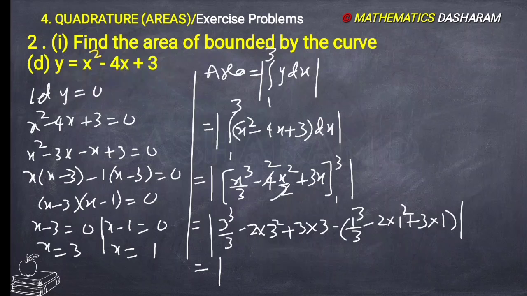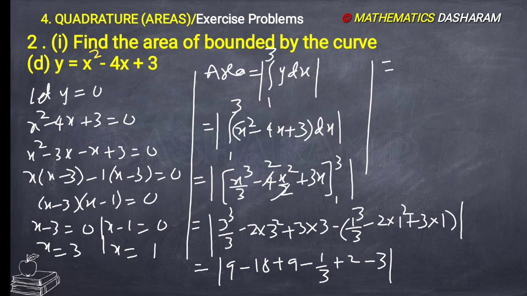So here 3 cube by 3: 3 cube is 27, 27 by 3 is 9. 3 square is 9, 9 twos are 18, plus 3 threes are 9. Minus the lower limit: 1 cube by 3 is 1 by 3, minus into minus plus, 2 into 1 square is 2, minus 3 into 1 is 3.